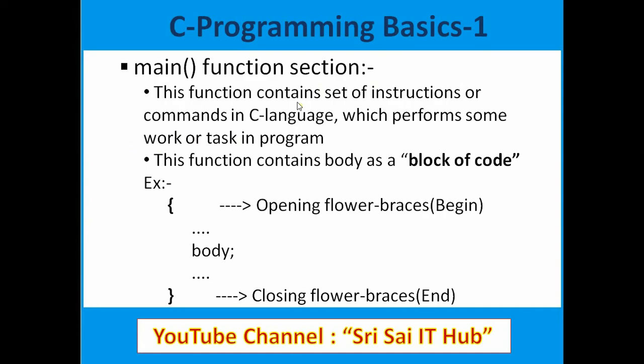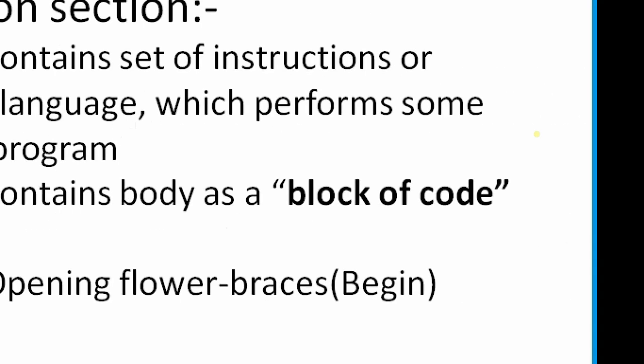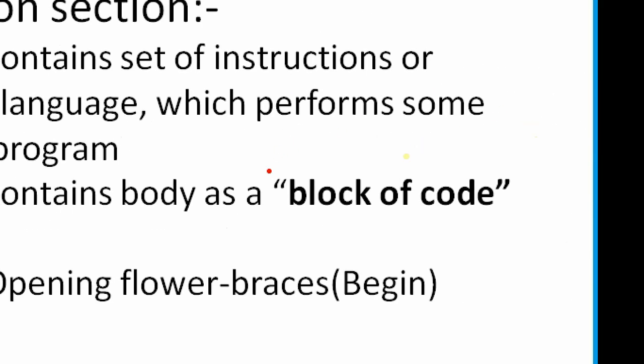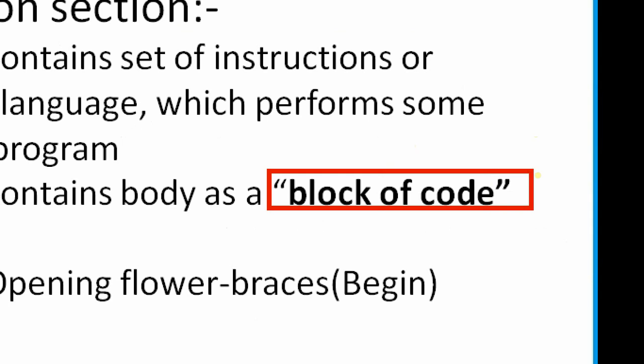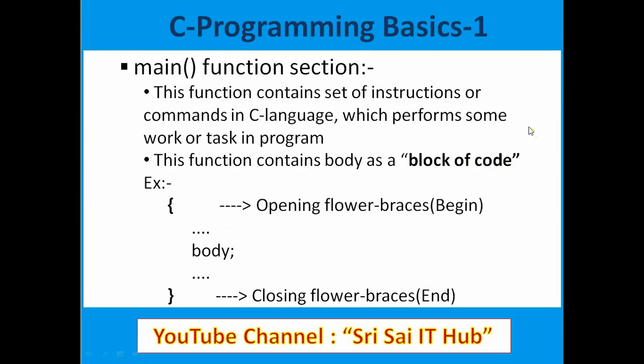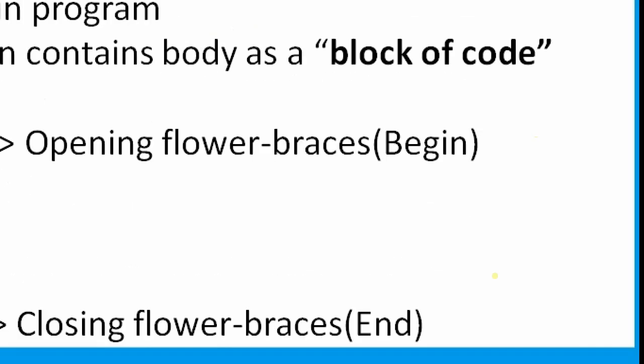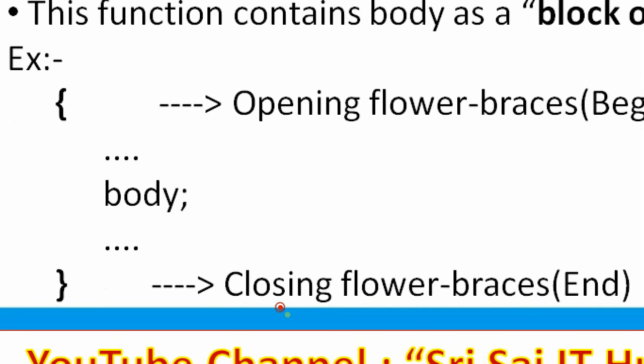And whenever you are writing a main function, it is written as a block of code. Now what is this block of code? A block of code is indicated by an open curly brace and a close curly brace. So this is the beginning of the function, the open curly or flower brace, and this is the end of the function or block of code, which is the closing flower brace or curly brace.